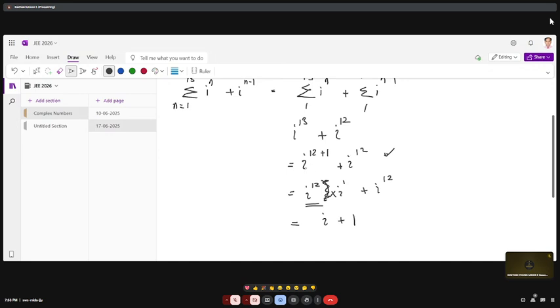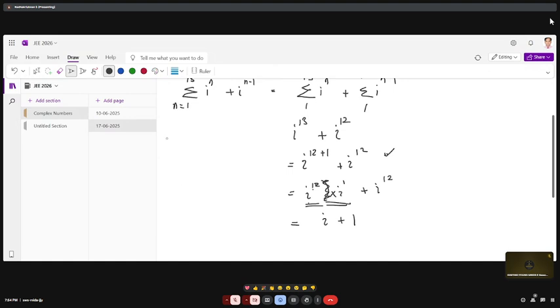i^(12+1) is i^12 into i^1, right? Because this is the law of exponents: i^(a+b) is i^a into i^b. So that's what I have written here: i^12 into i^1 plus i^12.